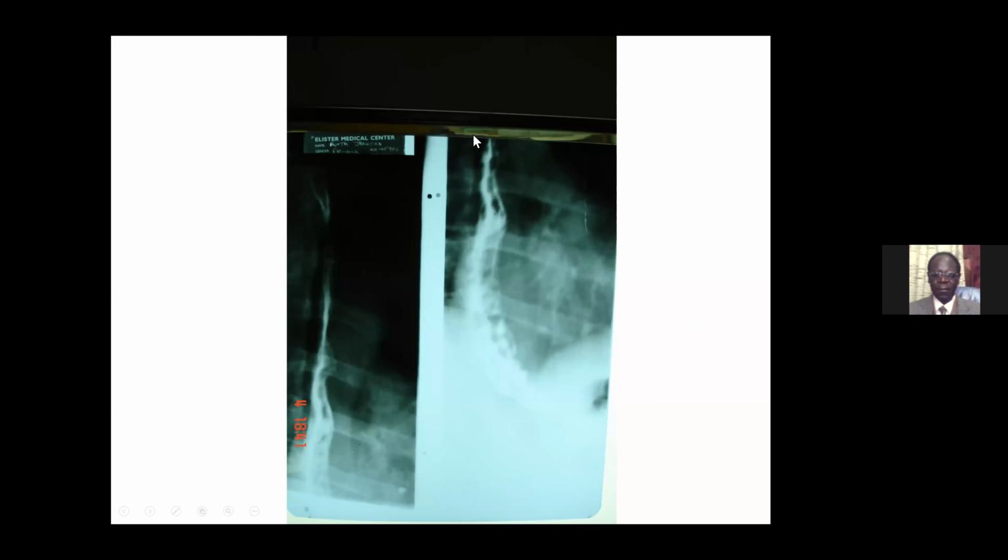You can now see that in this particular one, it is a barium swallow, but look at the ridges, the black ones are deformed. There are areas that they are dilated, and there are areas where they have been thinned, the ridges.